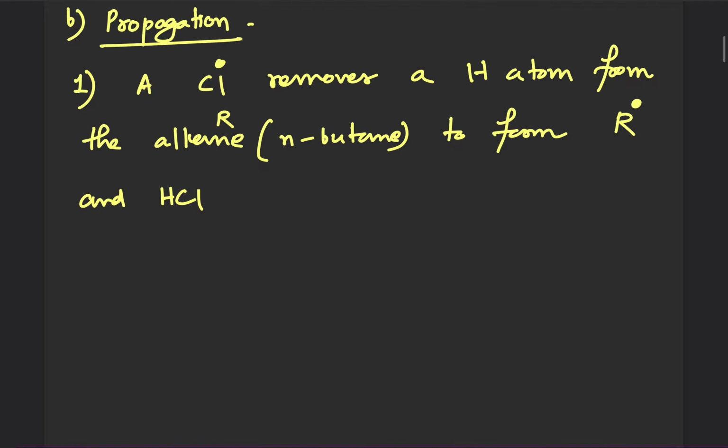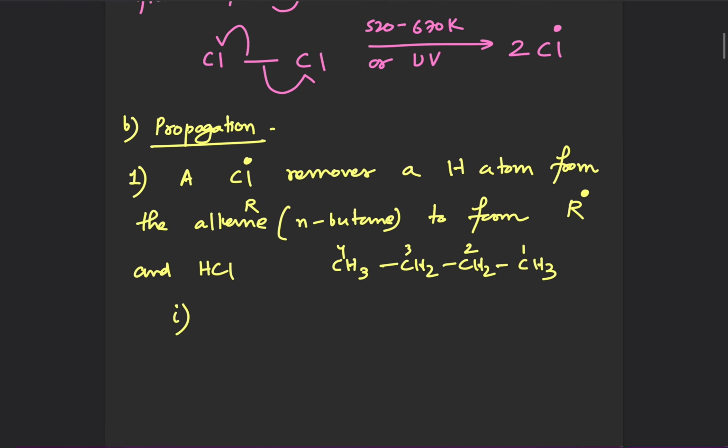Let's draw n-butane, CH3, CH2, CH2, CH3, and give them numbers: 1, 2, 3, 4. In the first case, the Cl radical that we produced in the first step attacks C1.